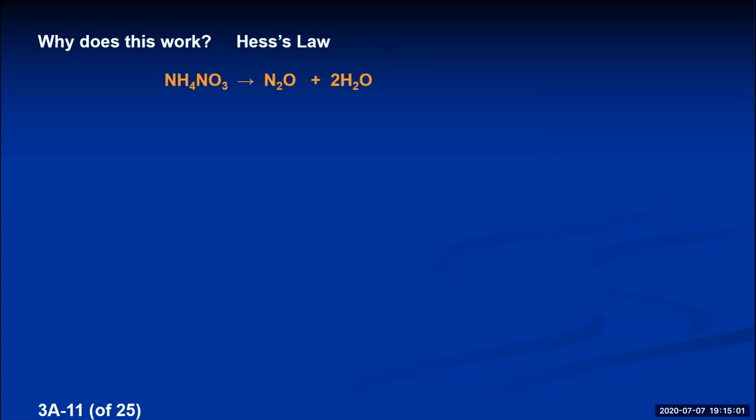Let's say we want to calculate the enthalpy change for the reaction of ammonium nitrate decomposing into dinitrogen monoxide and water. Question is, what's the standard enthalpy change for this reaction? And we're going to actually use the standard enthalpy of formations of our reactant and 2 products, and then go products minus reactants, but I'm going to try to show you why that physically works.